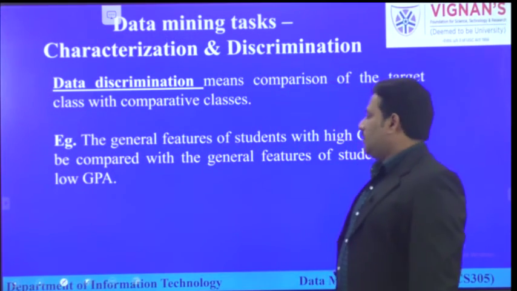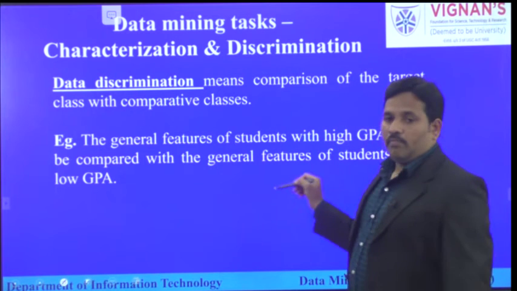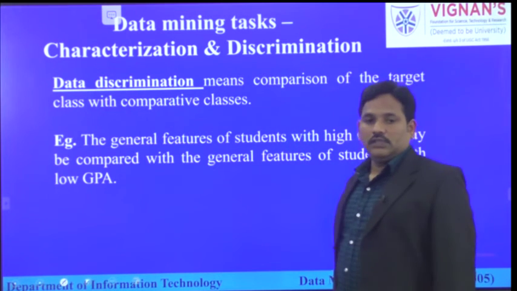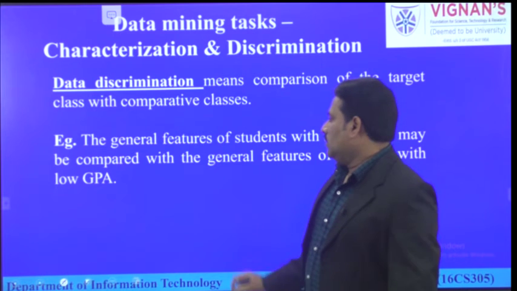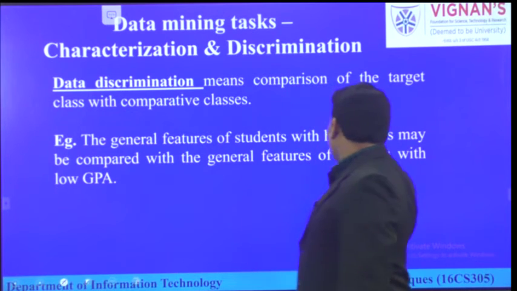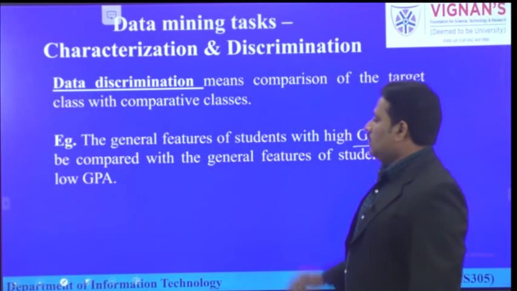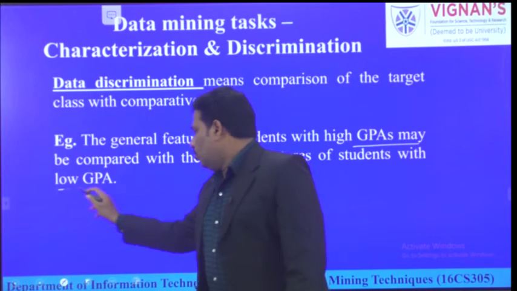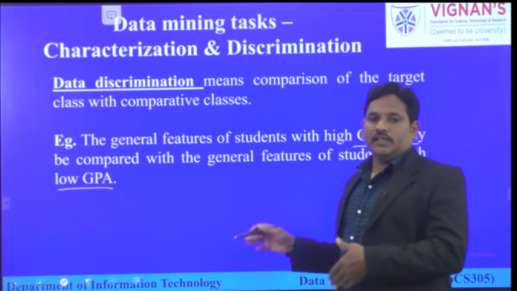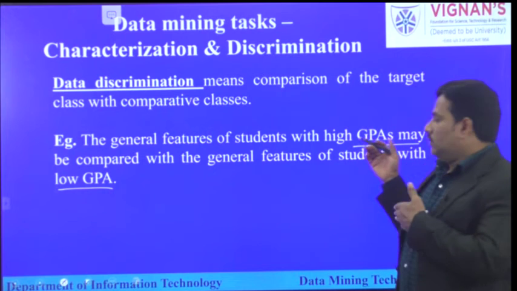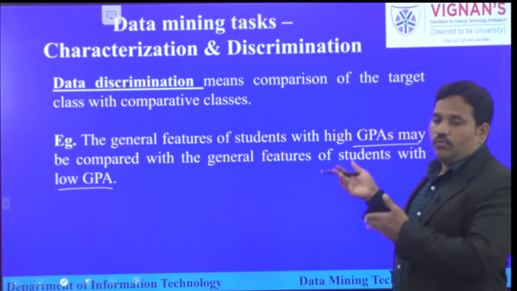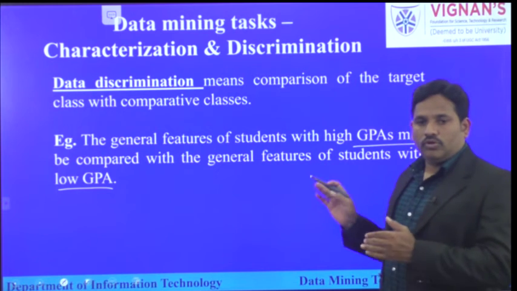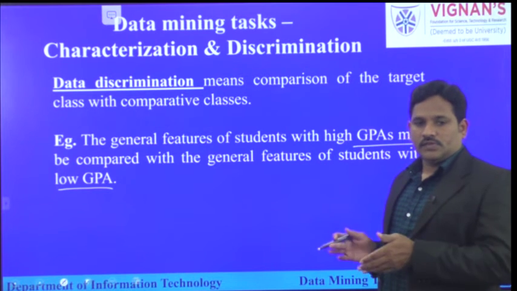Now, what is data discrimination? Here we are comparing one value with another: comparison of the target class with comparative classes. The general features of a student with a high GPA may be compared with the general features of a student with a low GPA. Here we divided the students into two groups, a high GPA group and a low GPA group, and we compare the features of both categories of students.